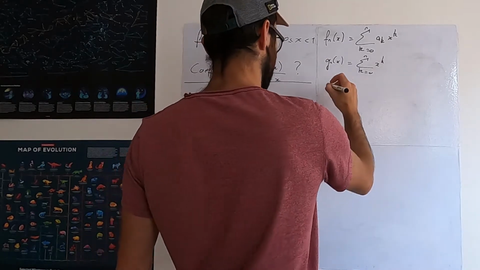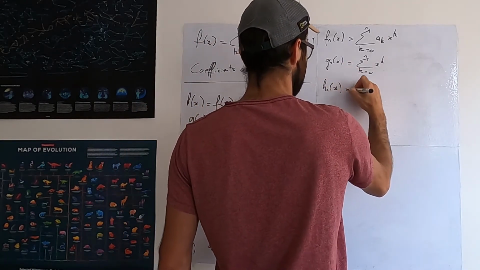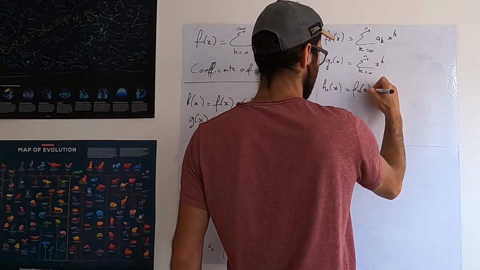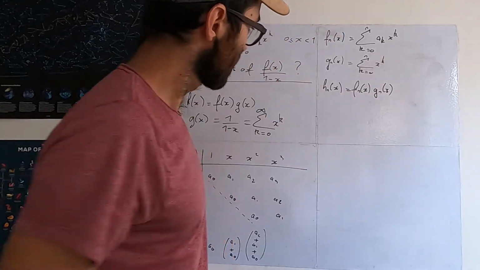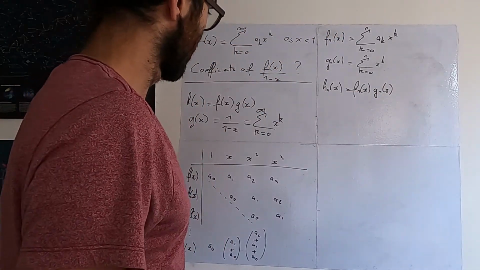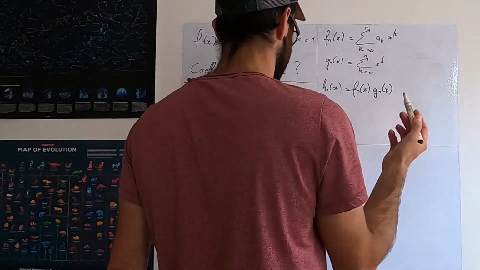And we're going to call hn of x is going to be fn of x times gn of x. We're going to expand this, and we're going to find the coefficients and find the result from here.